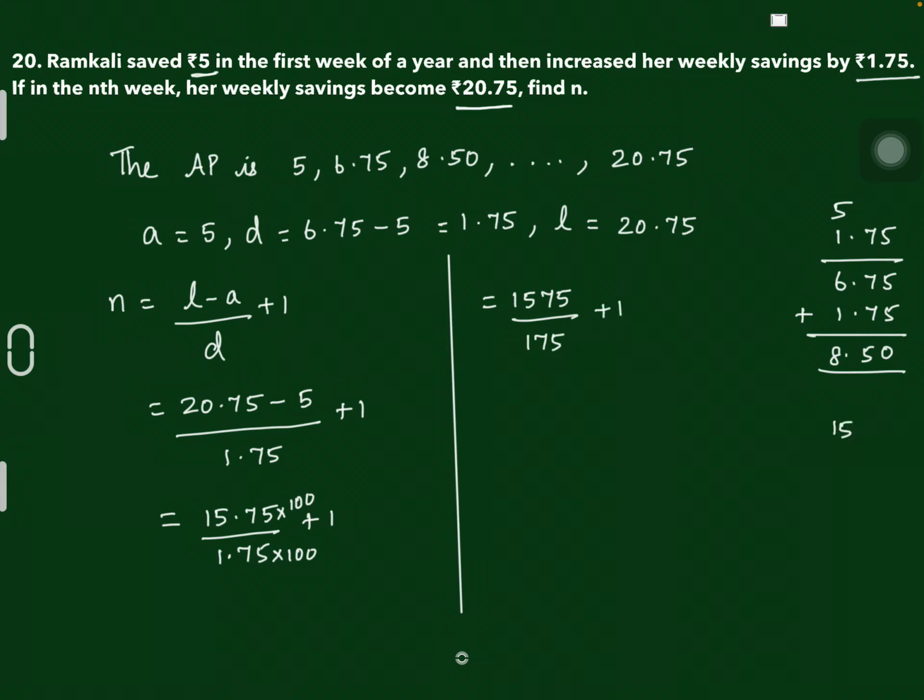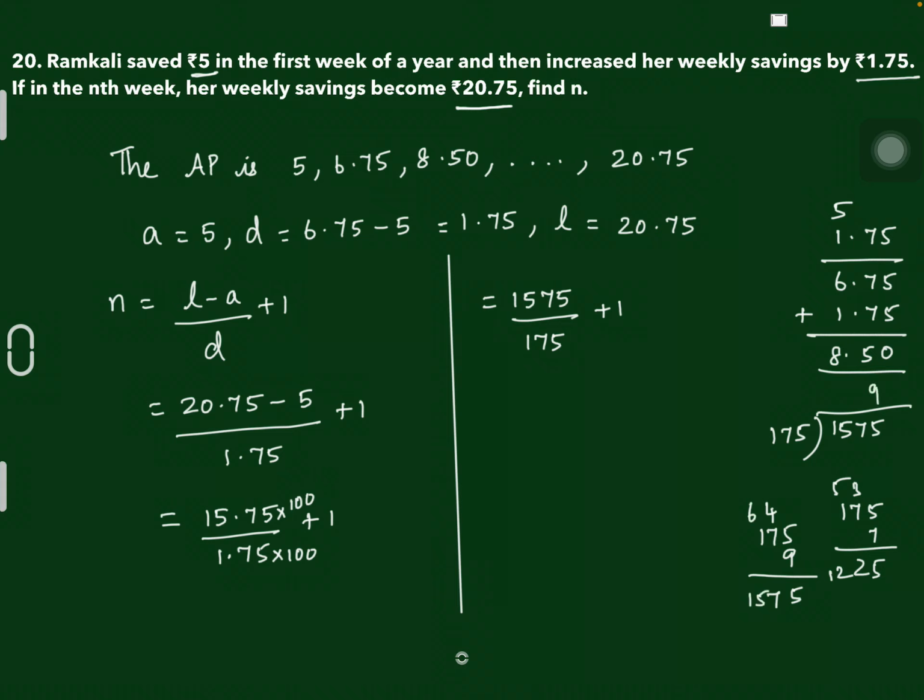So 1575, when I divide by 175, I have to try which number it comes. Shall I try 7 times? 5 sevens are 35, 3, 7 sevens are 49, 52, 5, 1, 2, 2, 5. No. So I will try 175 into 9 times. 5 nines are 45, 4, 9 sevens are 63 plus 4, 67, 6, 9 ones are 9, 1575.